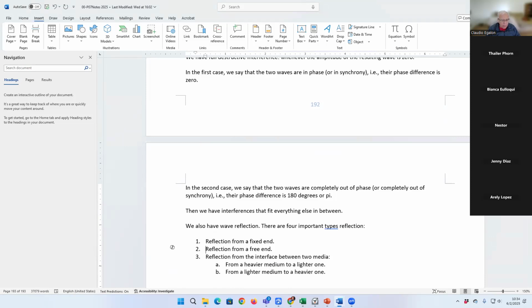Okay, the first case is related to reflection of light waves, like reflection of a light wave from a 100% reflecting mirror. Okay. Here we do not have a parallel in wave optics.